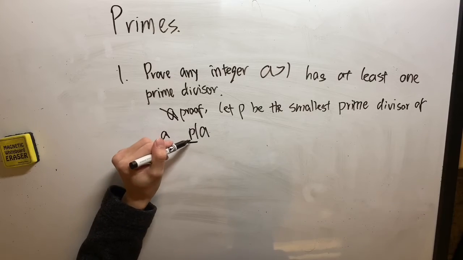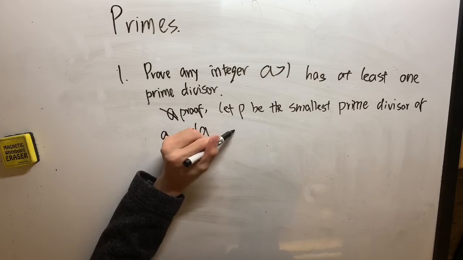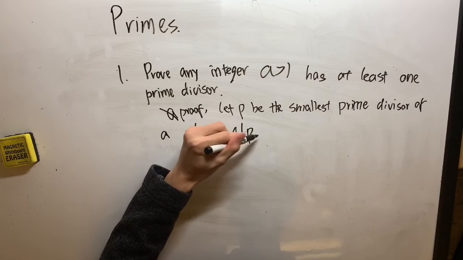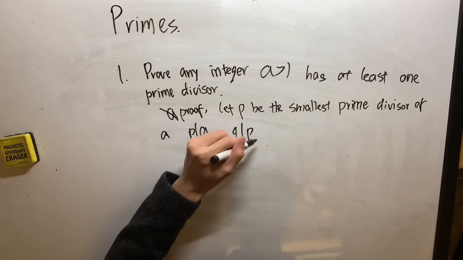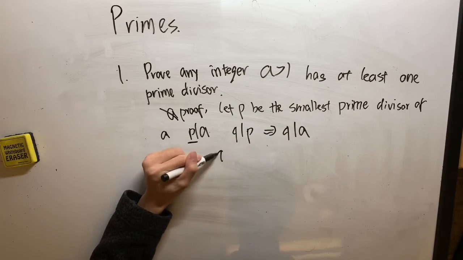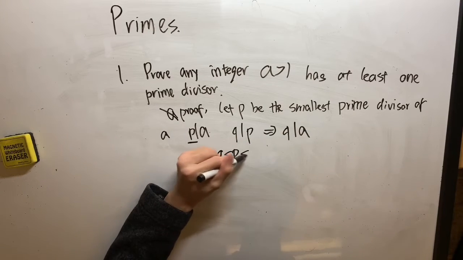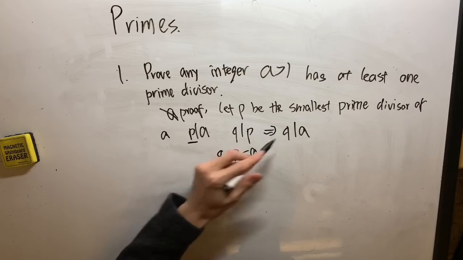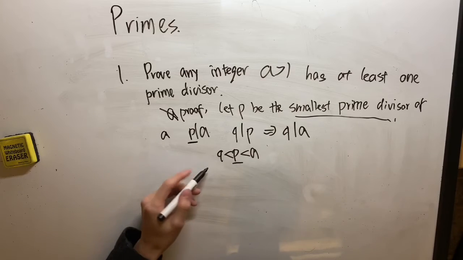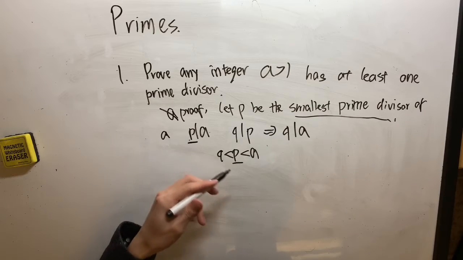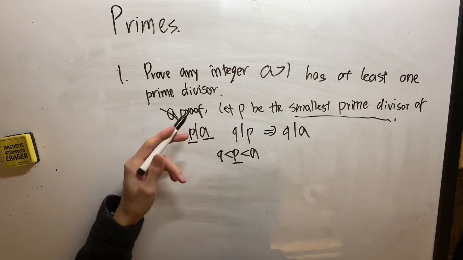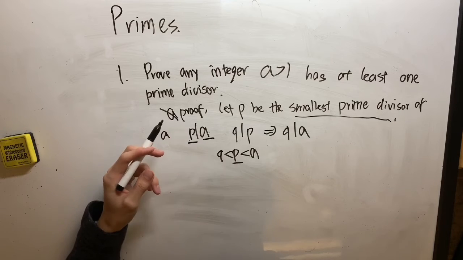If p has a prime divisor, let's say q, then q divides p, and so q divides a. However, q is less than p, less than a, so p is not the smallest prime divisor. So this is a contradiction. So p must be the smallest prime divisor. So for every positive integer a, it has a prime divisor.